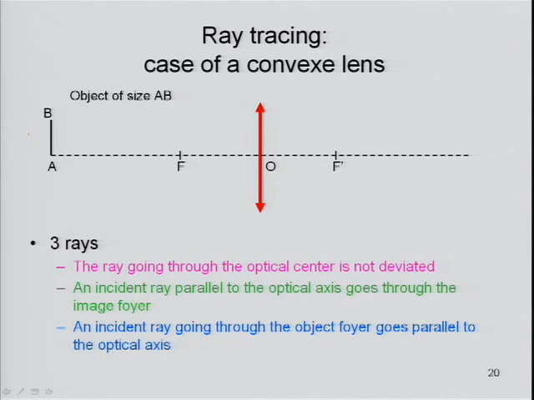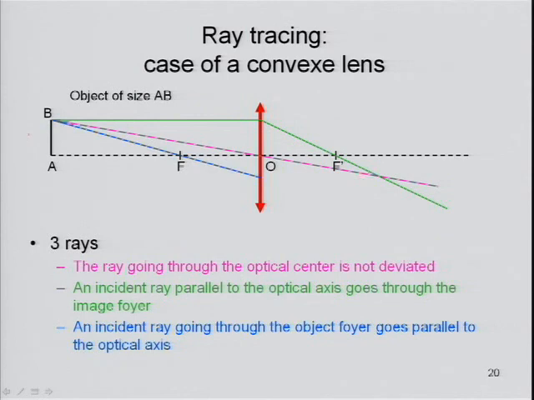So the first one is the ray going through the optical center, it is not deviated. The second one is an incident ray parallel to the optical axis, like this, which will go through the image focus, so we'll go through F prime. So we have a first intersection, but let's do the third one to be sure. An incident ray going through the object focus, so F, goes parallel to the optical axis right here.